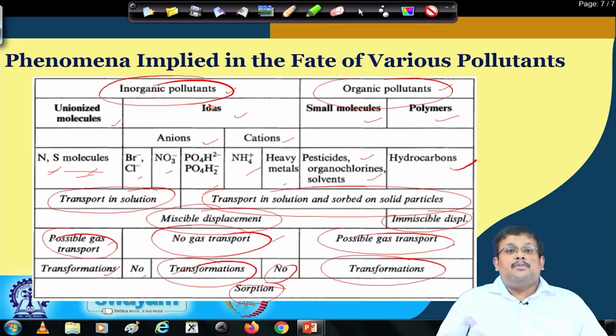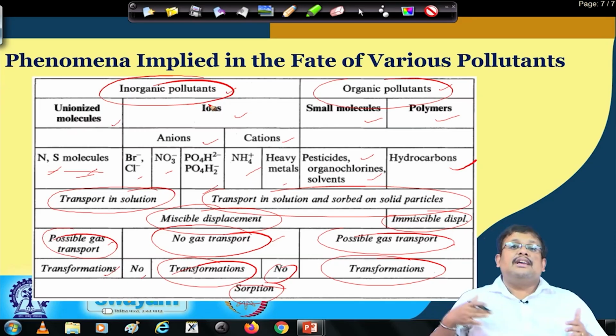Among the unionized molecules there are nitrogen and sulfur molecules; anions have bromide, chloride, nitrate and also phosphate, and cations have ammonium and heavy metals; small molecules have pesticides, organochlorine, solvents. However, polymers have hydrocarbons.